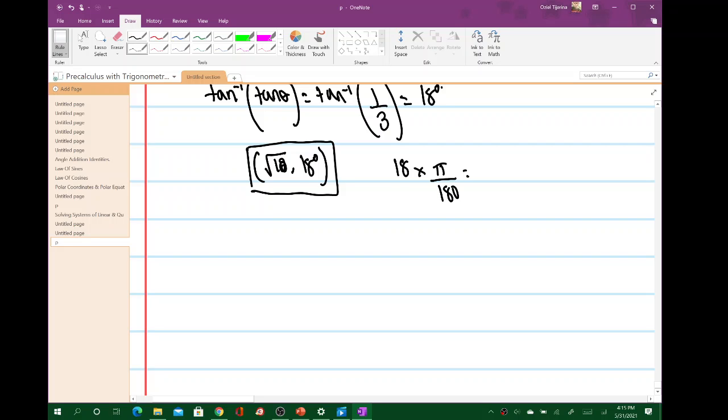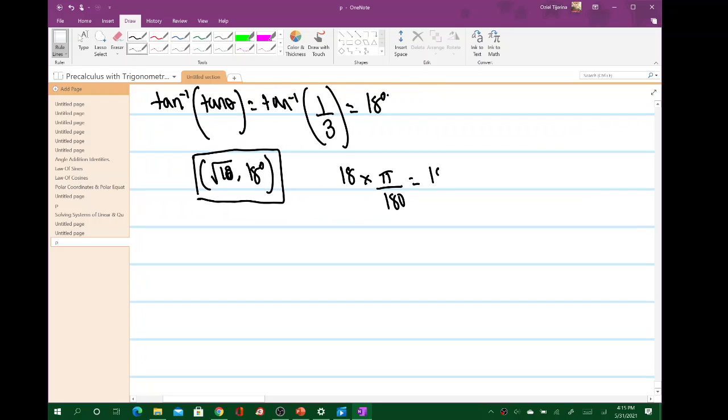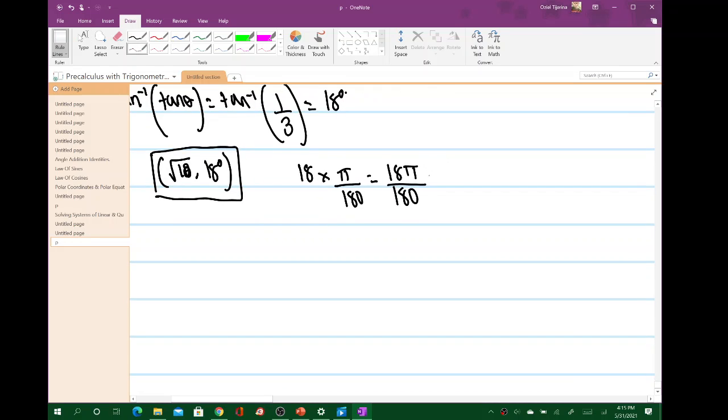So this gives you 18 pi over 180, and if you divide by 18 on top and bottom, this would be pi over 10.